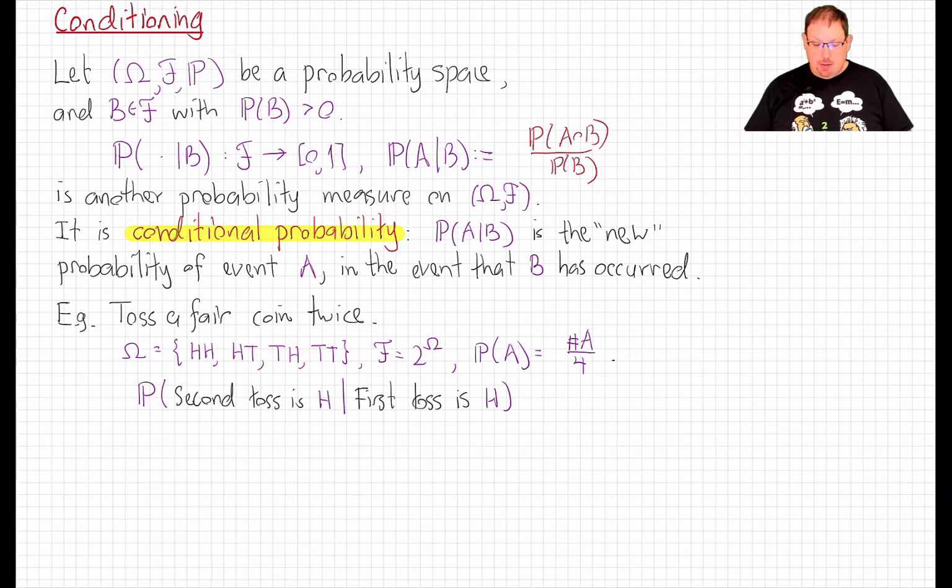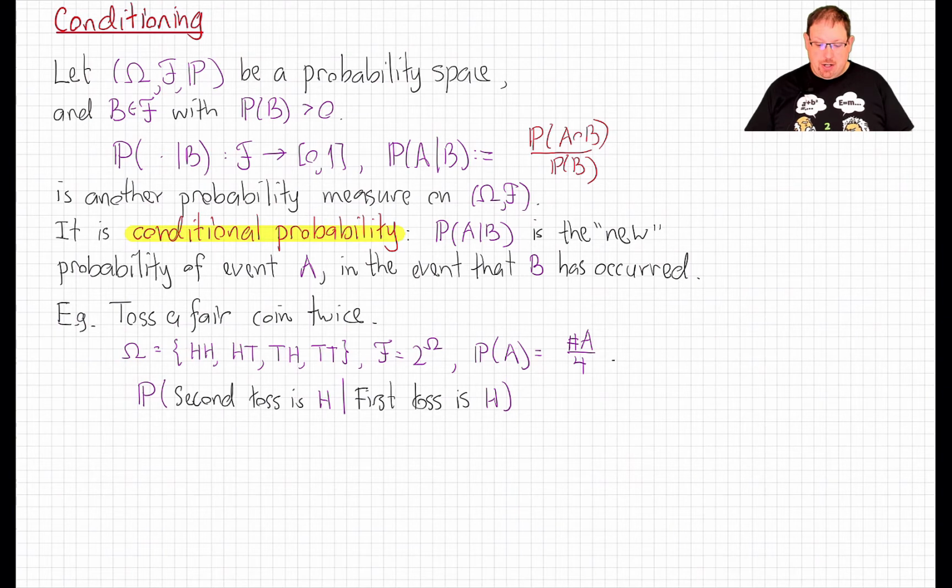What does it mean? Well, our probability space models some experiment, and in this experiment, we're looking at the likelihood of different events occurring. Those likelihoods are determined by certain experimental setups. As we conduct the experiment, we might get new information that a certain event B is no longer in question.